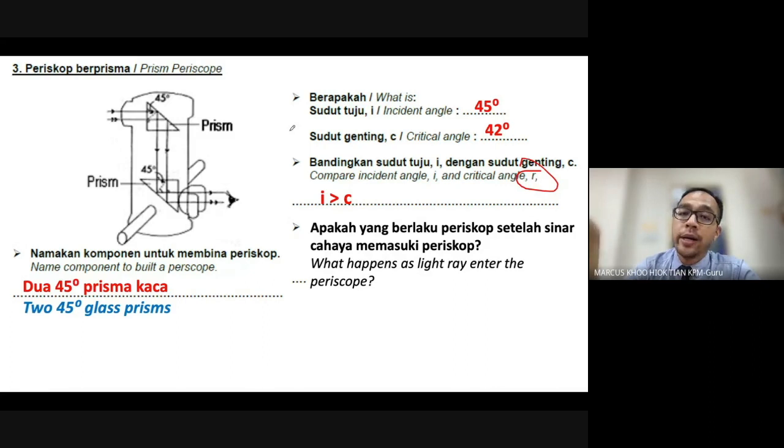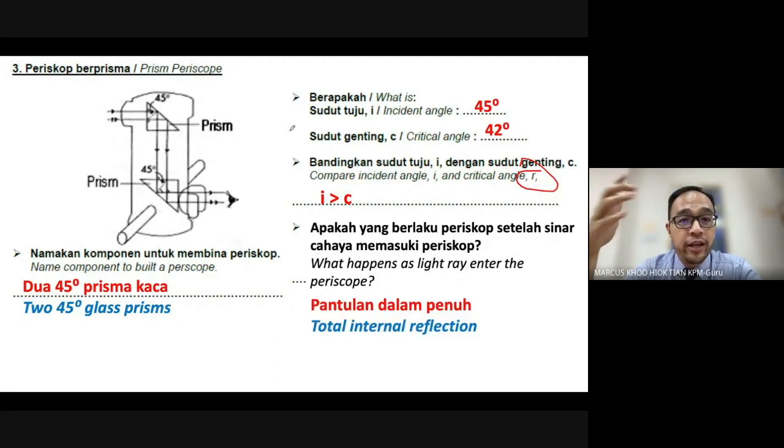And again, if the incident angle is bigger than the critical angle, what happens? It will be total internal reflection. Notice that I will be saying this again and again: there are only 3 things: refraction, boundary, or total internal reflection. Incident angle bigger than the critical, total internal reflection will happen.